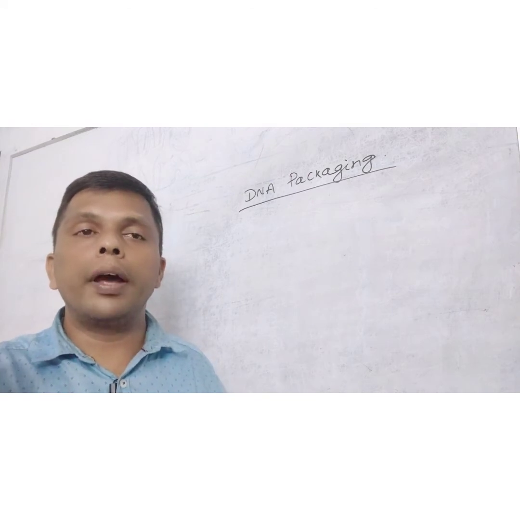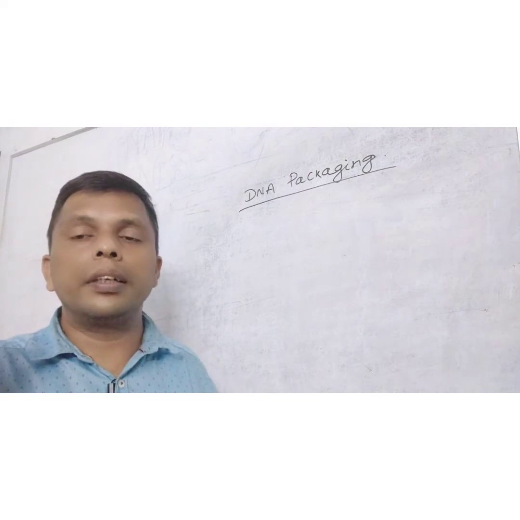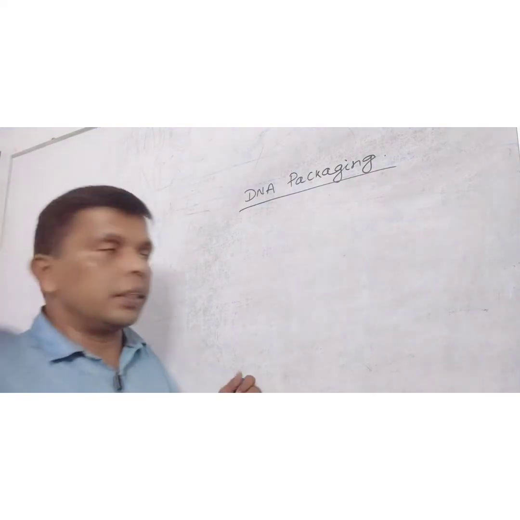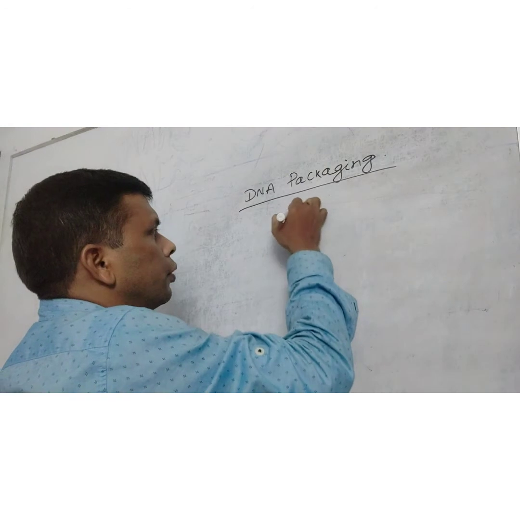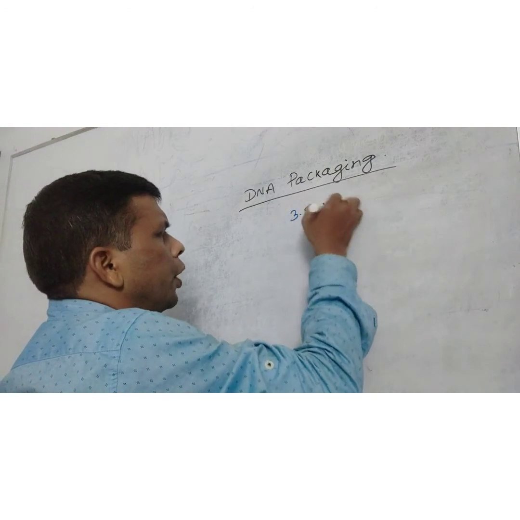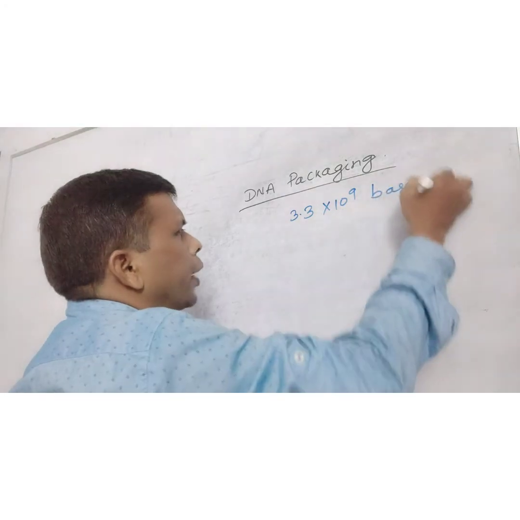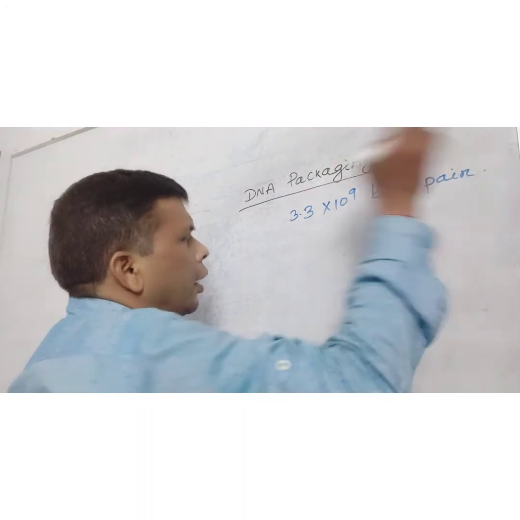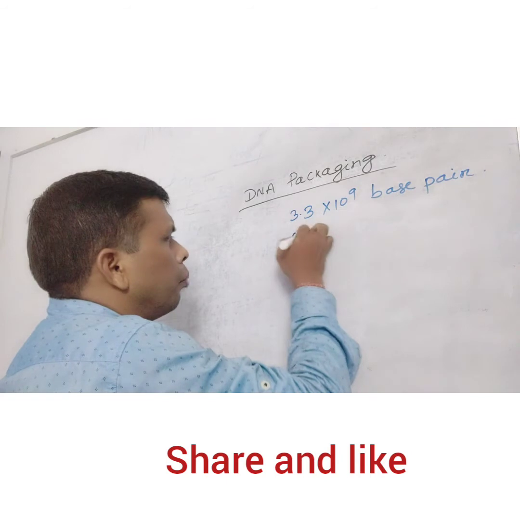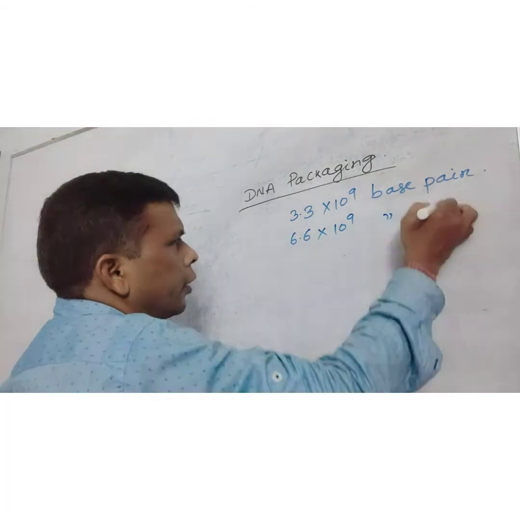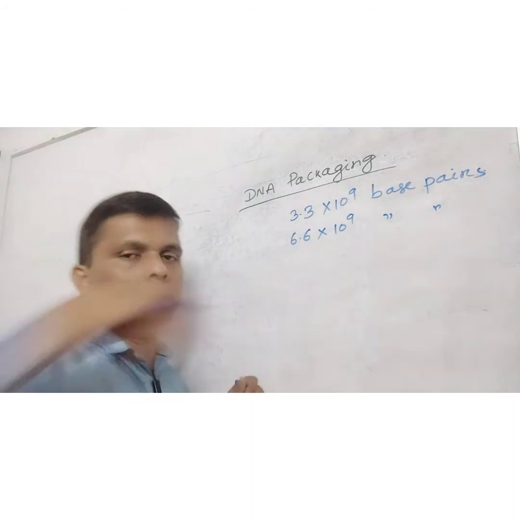If we compare the haploid genome or haploid DNA, it consists of 3.3 into 10 to the power 9 base pairs, and in a diploid cell it is about 6.6 into 10 to the power 9 base pairs.